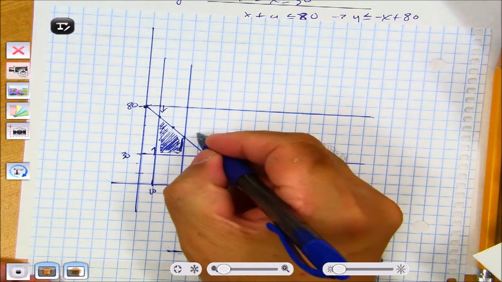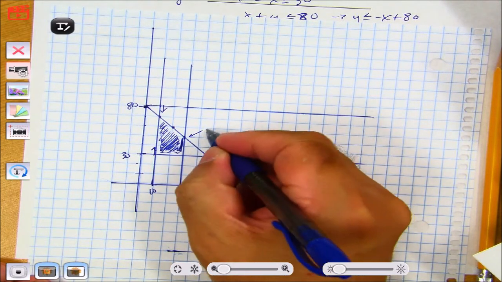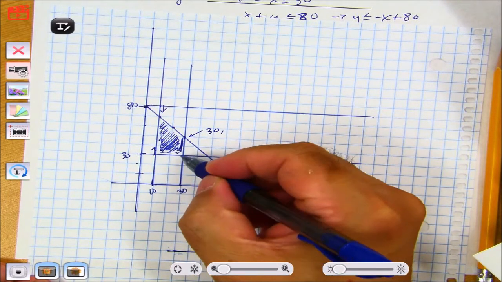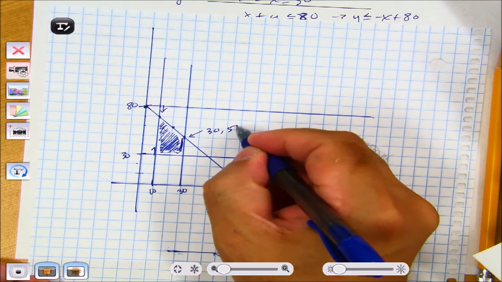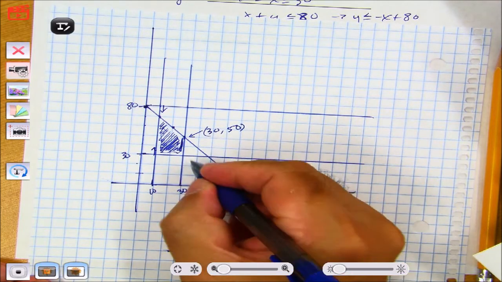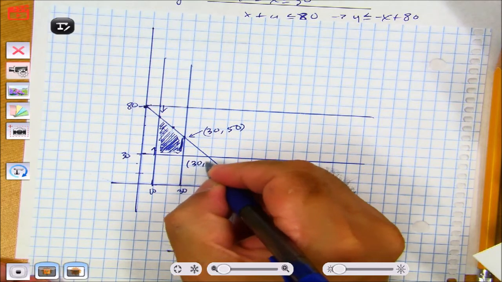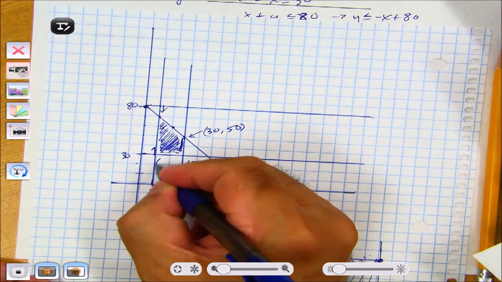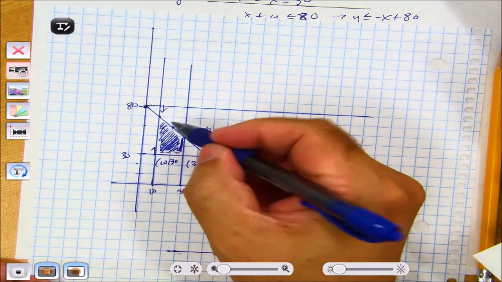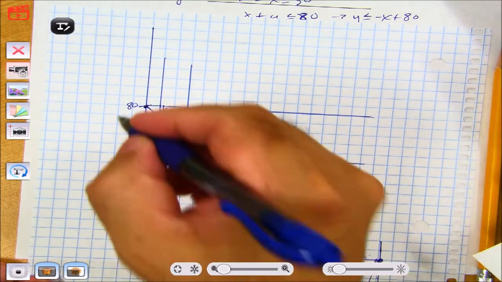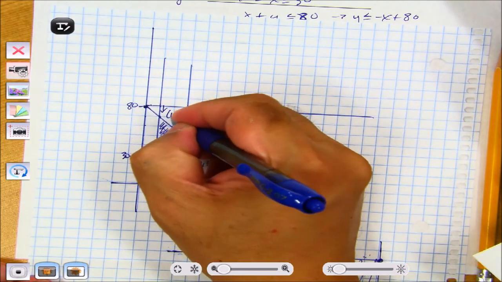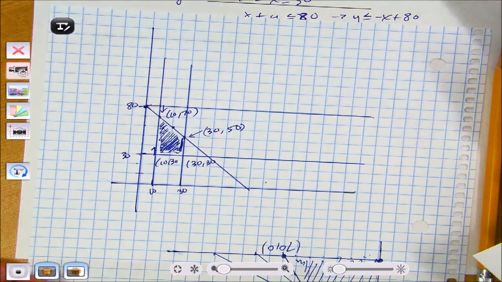So let's look at these coordinates. This one here is 30, 50. Down here is 30, 30. Over here is 10, 30. And up there is 10, 70. Okay.